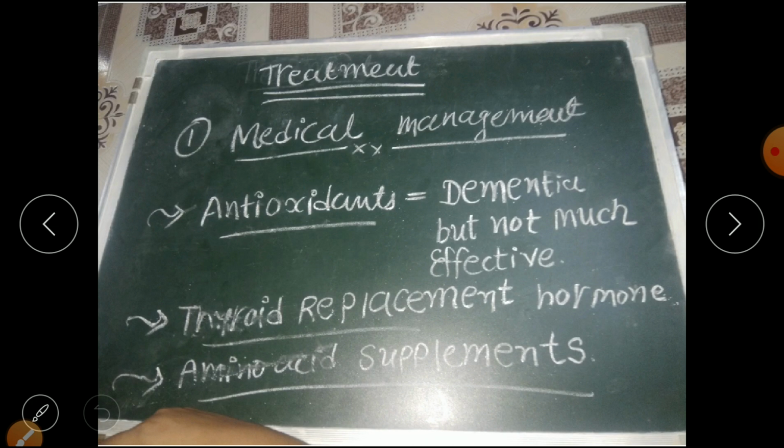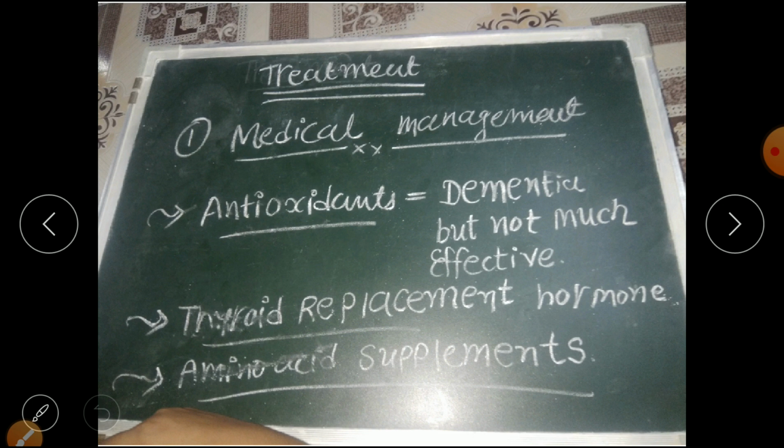First is medical management, which is some of the drugs used in a Down syndrome patient, that is antioxidants. The Down syndrome patient has dementia, so we can use antioxidants, but it is not much effective.